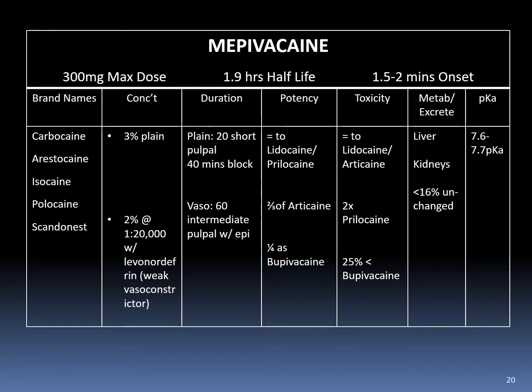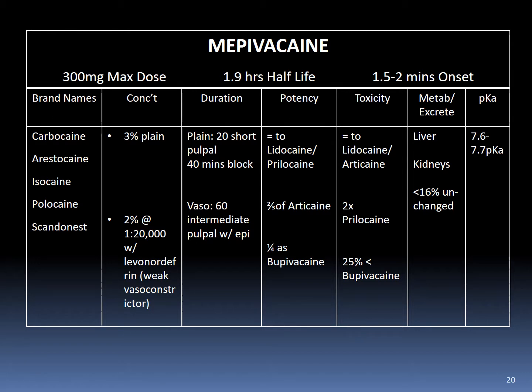The duration is quite short when we're looking at pulpal anesthesia, but when this is administered as a block, you have up to 40 minutes of working time. With the vasoconstrictor added, it's about 60 minutes and considered an intermediate duration anesthetic. Its potency is equivalent to lidocaine and prilocaine, but it is not as strong as articaine or bupivacaine.